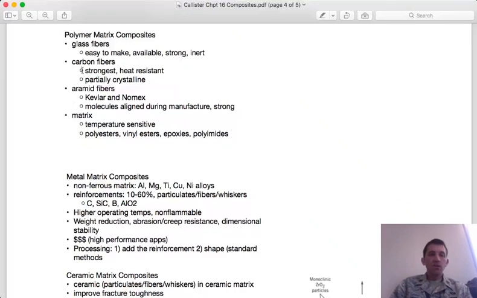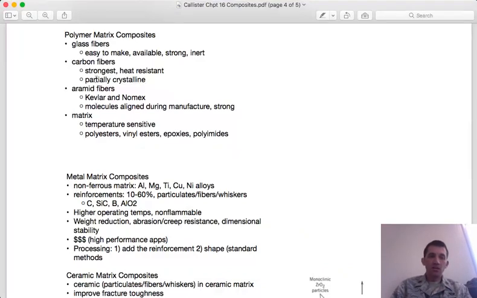If you need a stronger material yet, you can swap out the glass fibers for carbon fibers. These are more thermally resistant and stronger. They're also more expensive.